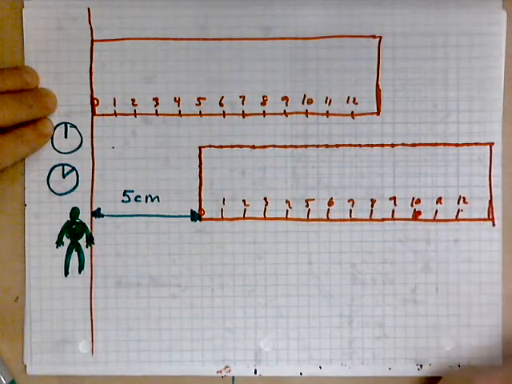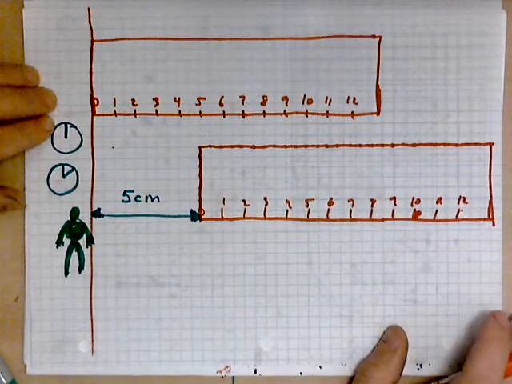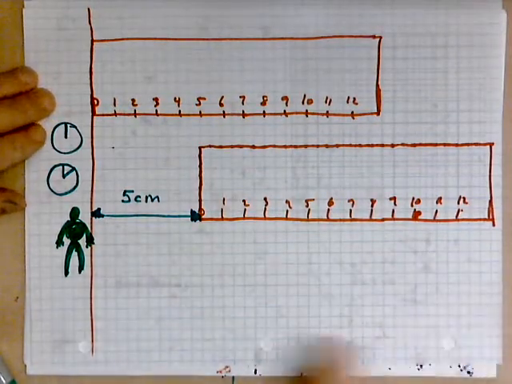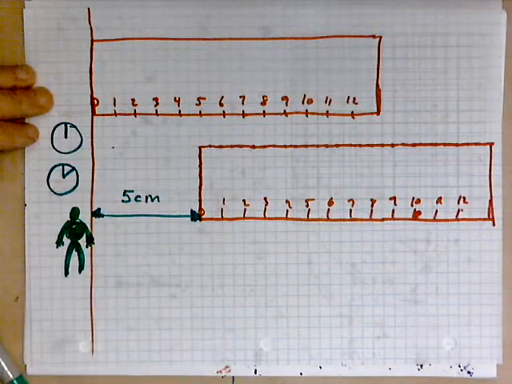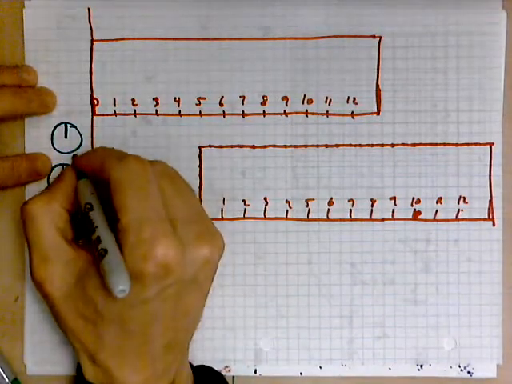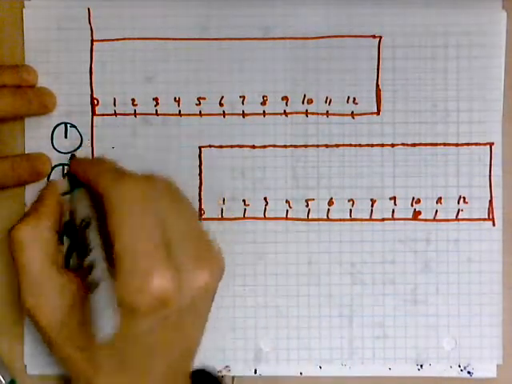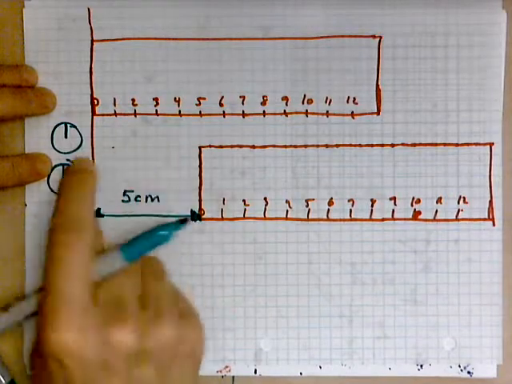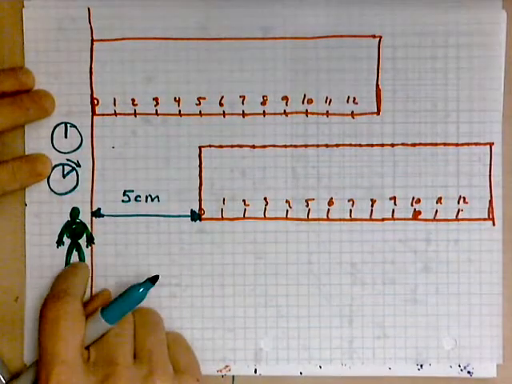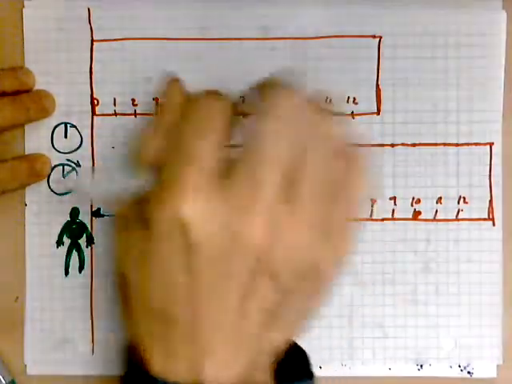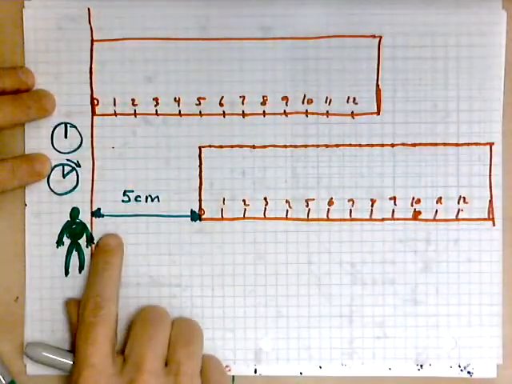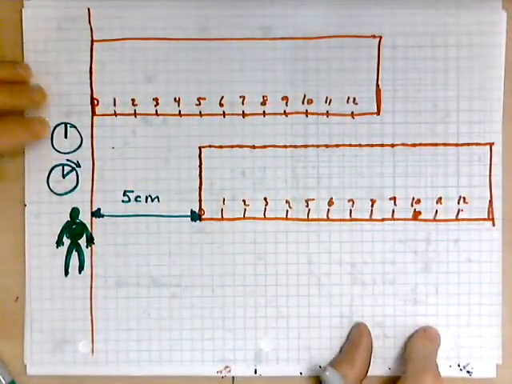Let's not worry about the end, it doesn't really matter. So, within a passage of time of 5 minutes, 5 minutes have elapsed on this guy's clock. The ruler has been pulled to the right 5 centimeters. That's what this is showing us.